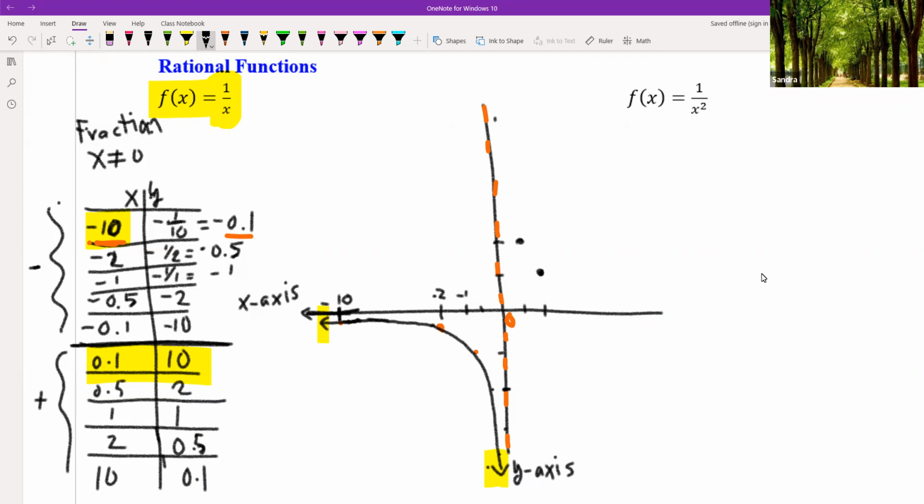A 2, the 2 gives me a 0.5, so halfway. And then a 10, that gives me a 0.1. You can see it's very small.